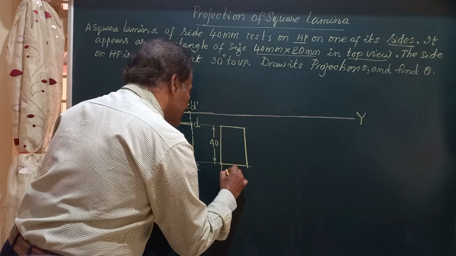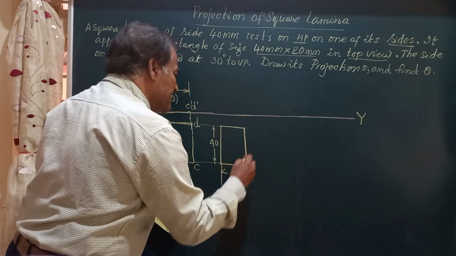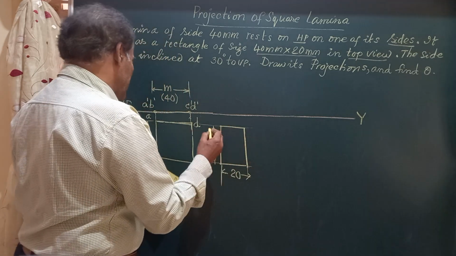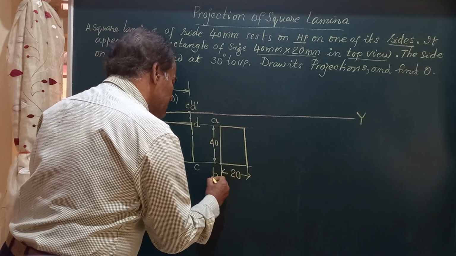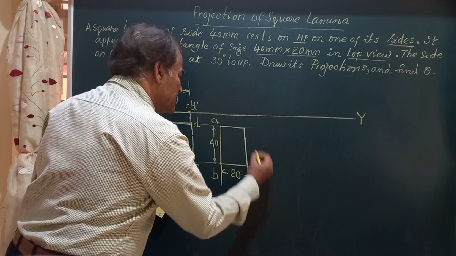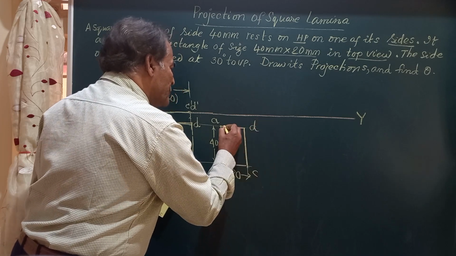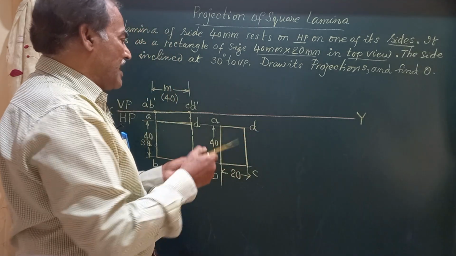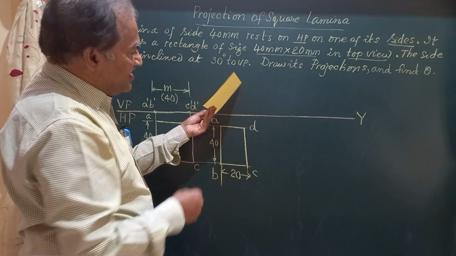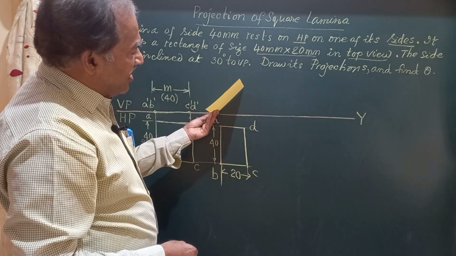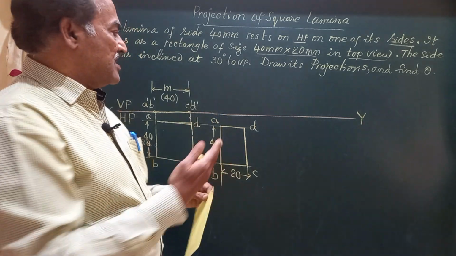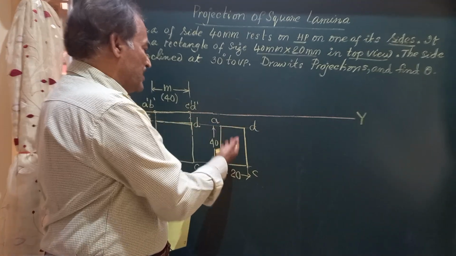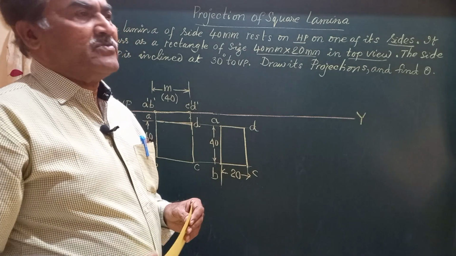So one is 40, the other is 20. And we'll rename this as ABCD. This is A, this point is B, this is C, and this is D. Friends, this is how the lamina looks when it is inclined to the horizontal plane. Now let us see how to get the corresponding front view for this rectangle 40 by 20.